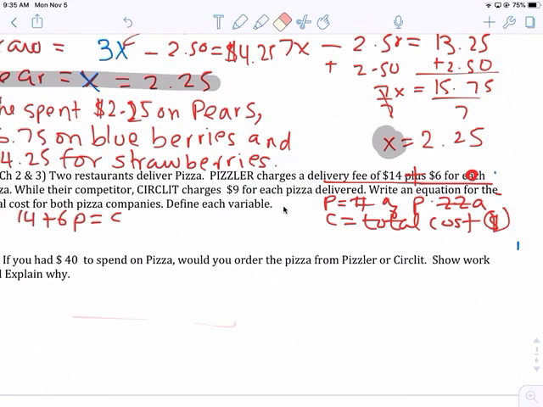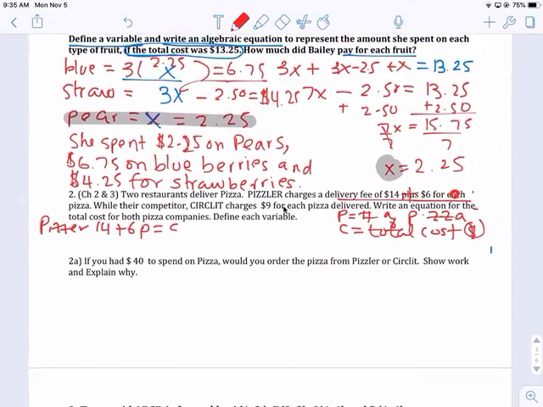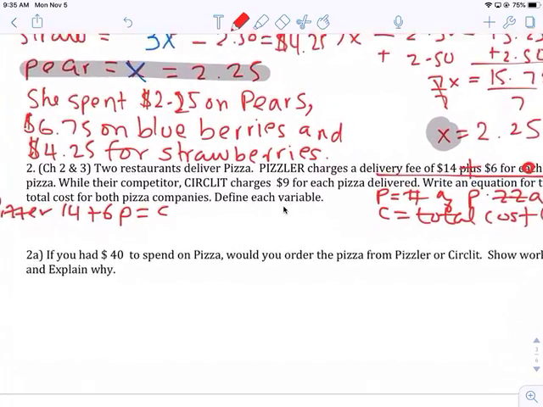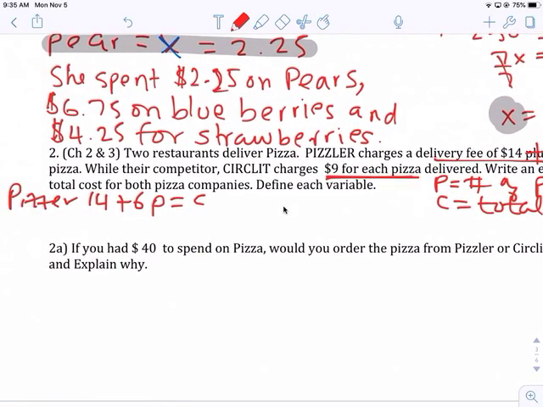First, that's Pizzler. Write an equation for Circlet, which charges $9 for each pizza delivered. There's no fee, so $9 for each pizza plus 0 delivery fee equals the total cost. This is Circlet.